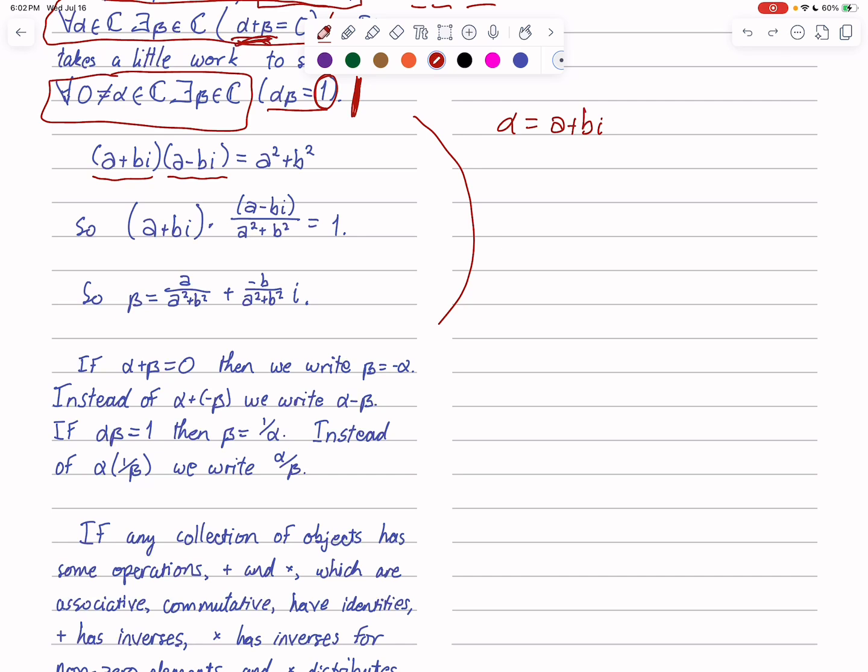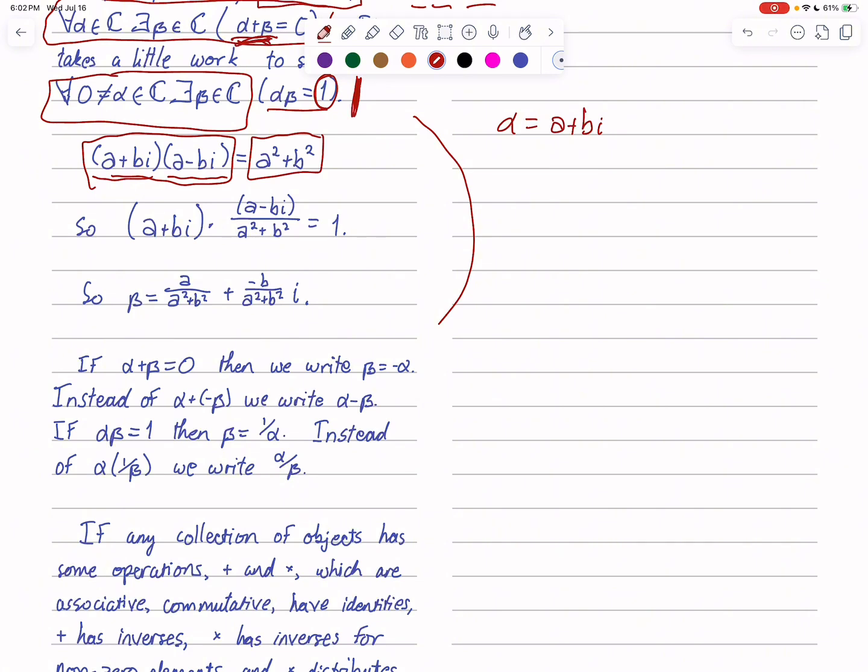If you work out all the algebra, distribute this out and simplify everything down, you will find that the result is a squared plus b squared. So multiplying by the conjugate is the way to eliminate i.